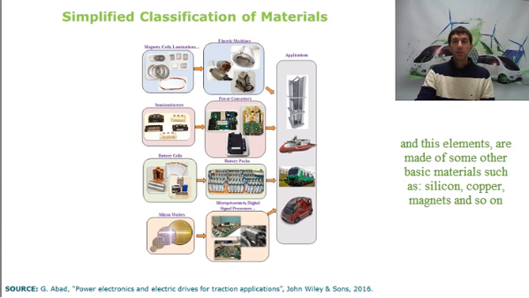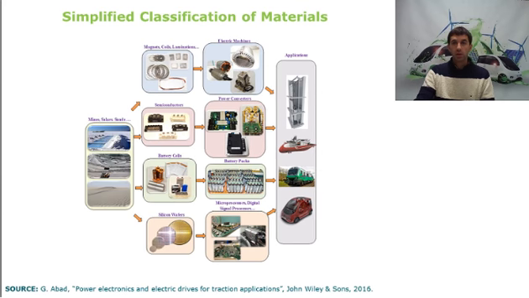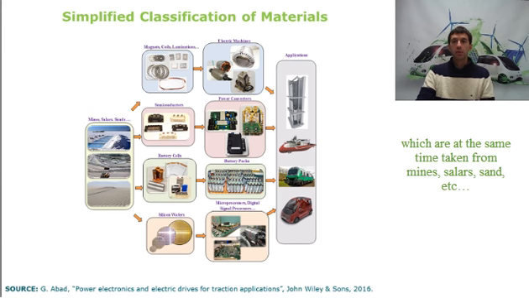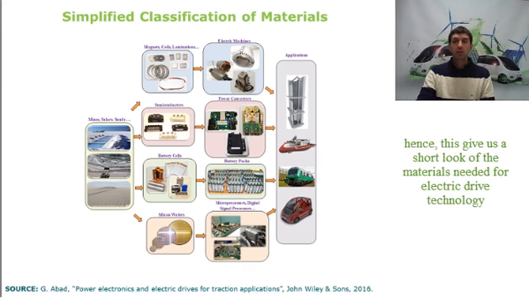And these elements are made of some other basic materials such as silicon, copper, magnets, and so on, which are at the same time taken from mines, sand, etc. And this is what we have. Hence, this gives us a short look at the materials needed for electric drive technology.